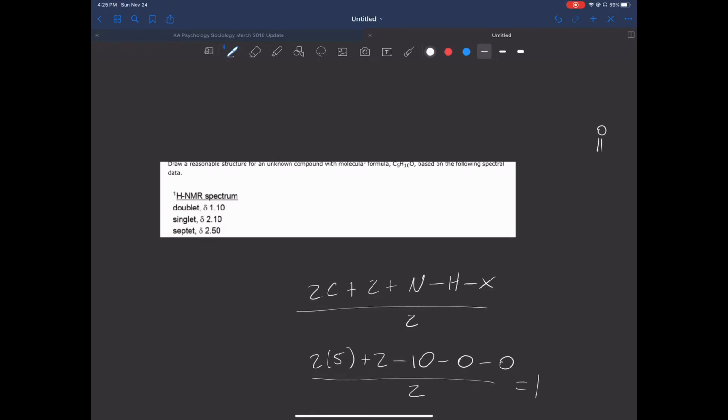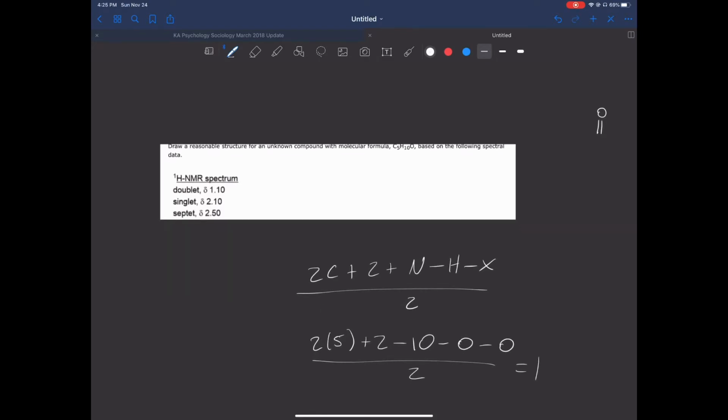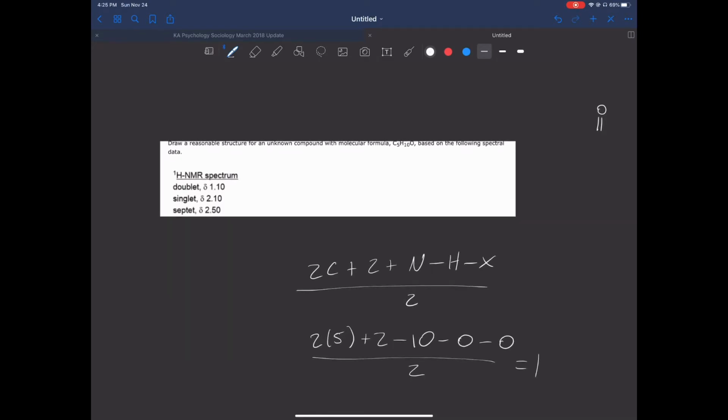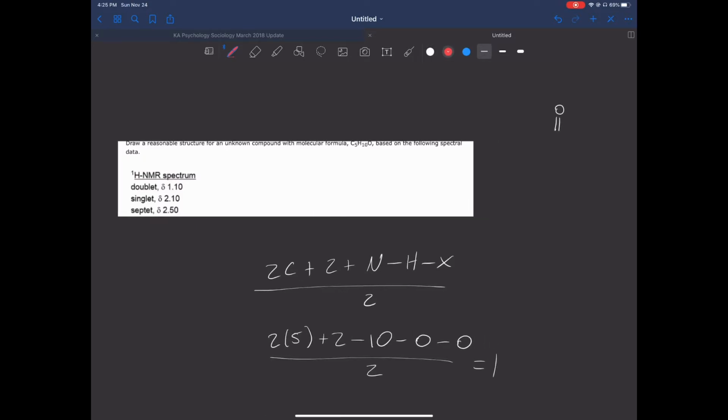So we have a doublet, a singlet, and a septet. So let's go look at the singlet first. That's usually the one that's, it wouldn't usually be the one that's easiest, but it is sometimes. So a singlet, remember, if that's how it looks on the HNMR, remember that n plus 1 tells us what our peak is going to look like on HNMR, right?